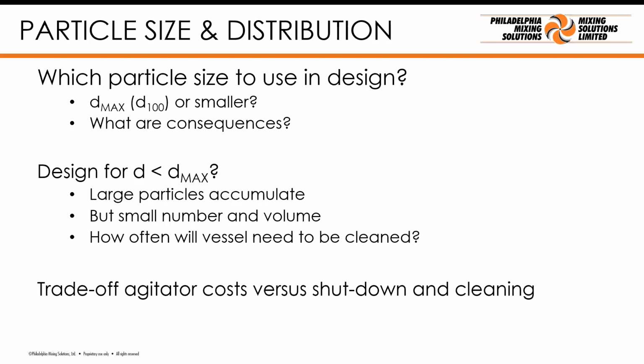What we have found, and other people who've done this work looking at these correlations, if you have a distribution and you know what that distribution looks like, the best way to account for the shape of the distribution is to use a quantity called the D43, which is the sum of the particle diameters raised to the power 4 divided by the sum of the particle sizes raised to the power 3, cubed.